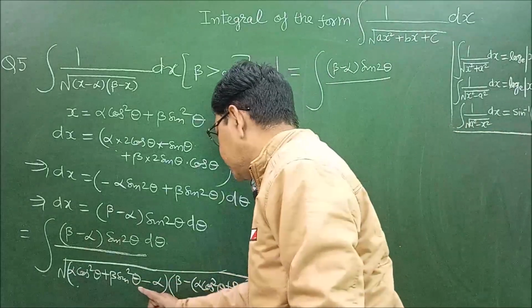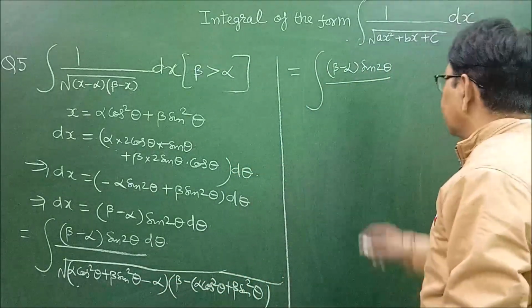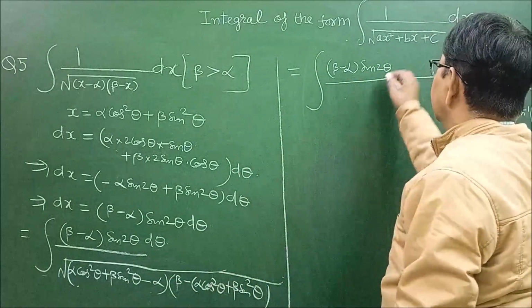square root of (alpha cos squared theta, beta sin squared theta minus...), taking minus sign common in the first bracket.